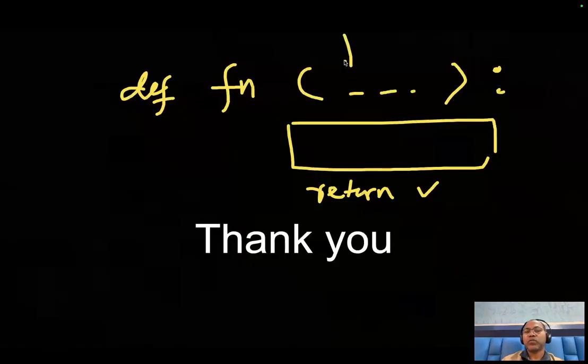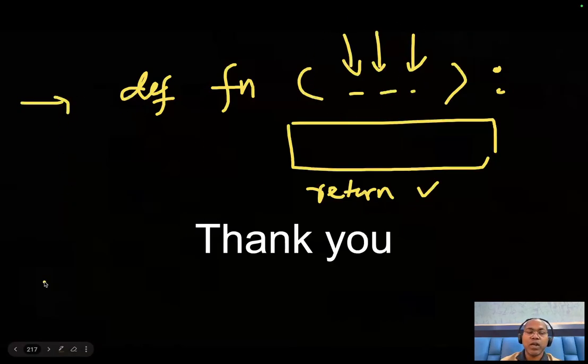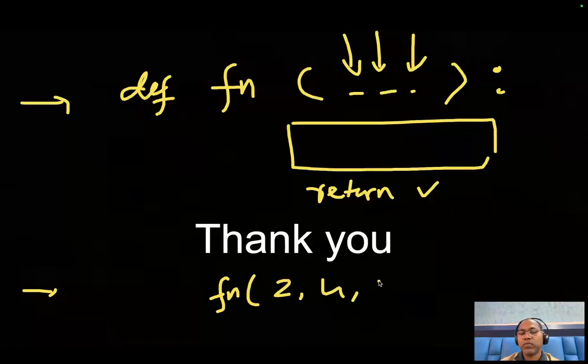This is known as your parameter, parameter 1, parameter 2, parameter 3. These are optional maybe. This is the function definition, and to use the function, you just call the function and pass actual values, whatever values you want. This is known as your argument, and this is known as your parameter. Function name, definition, return, colon is mandatory, then write the code.